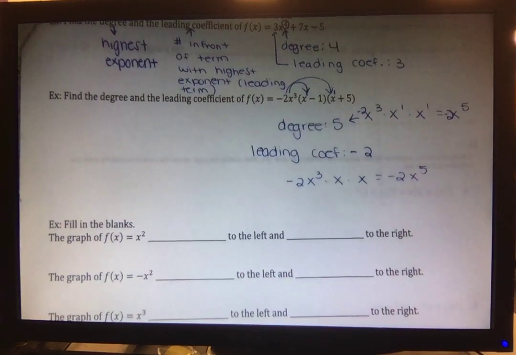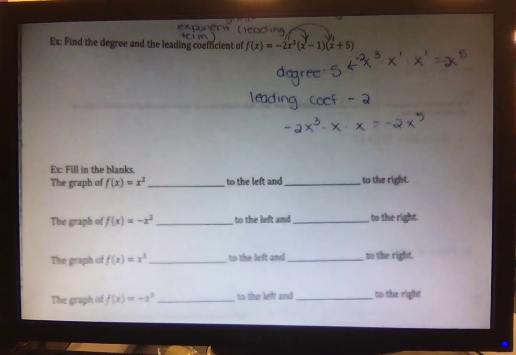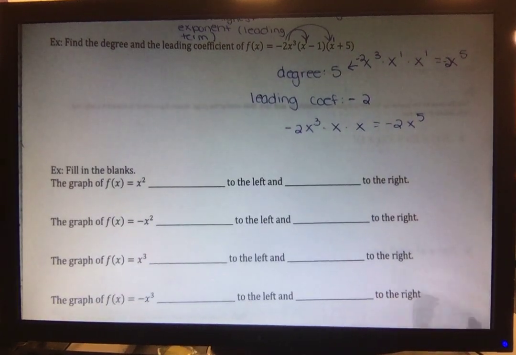So, as I said before, the degree and the leading coefficient tell us a lot about our graph. It tells us what's called our end behavior. It tells us what the ends of our graph are looking like, whether they're both going in the same direction, whether they're going opposite directions, whatever the case may be. So looking at this, the graph of x squared, what does that look like?